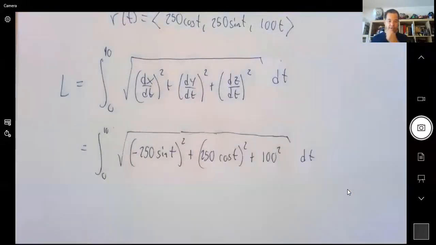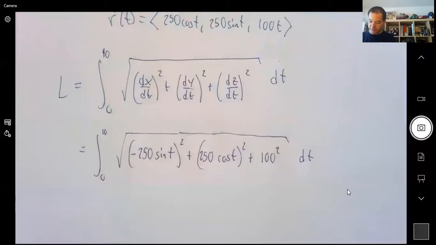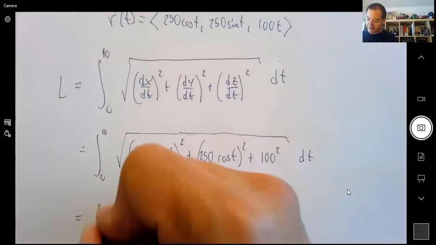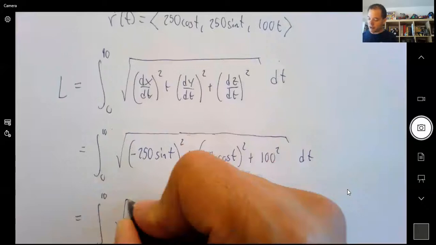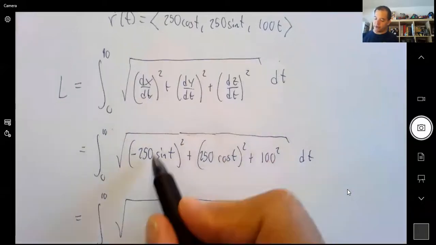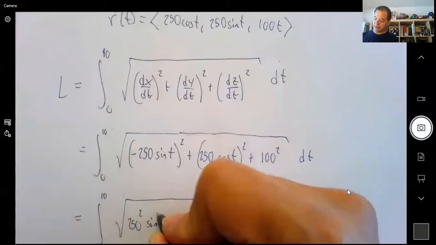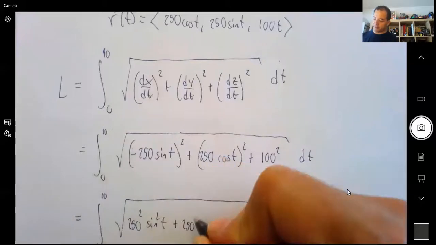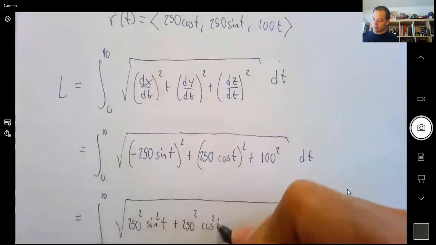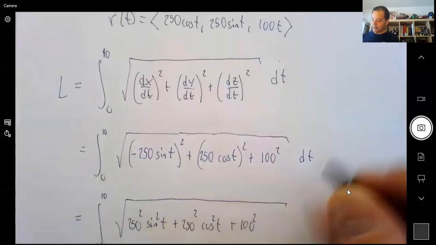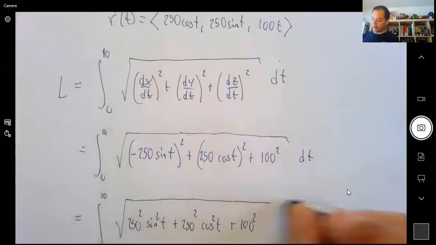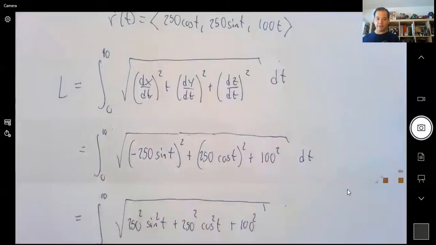Next, we try to simplify. Here, we're going to be lucky because this will be 250 squared times sine squared t plus 250 squared times cosine squared t plus 100 squared. And we know that sine squared plus cosine squared equals 1.